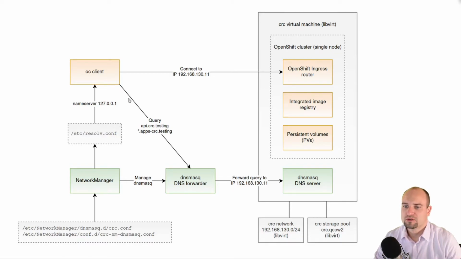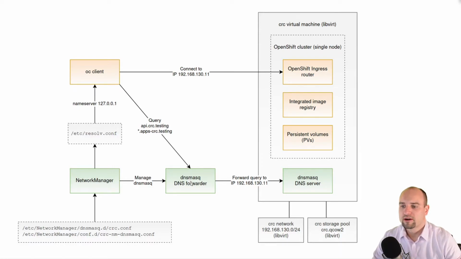In order to resolve the host name to the IP address, the oc client is first going to consult /etc/resolv.conf, where it will learn that the address of the DNS server to ask for resolution is actually the localhost address. From there, the oc client is going to send the DNS query to the DNS server running on the localhost. And this DNS server is actually the DNS forwarder, which was created before.